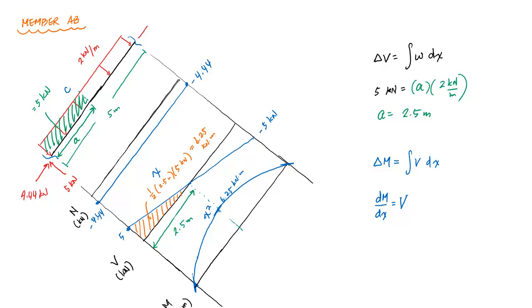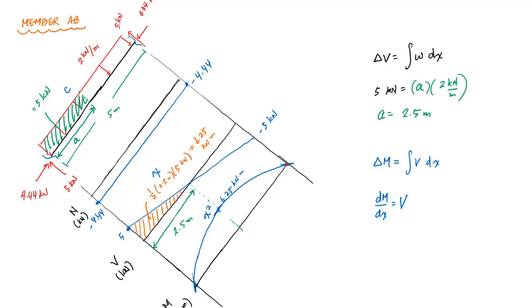That means I have a force causing compression on the face of that cut of 4.44 kilonewtons. Here I have a negative shear of 5 kilonewtons, -5 kilonewtons. And on the left side of a cut, a positive shear goes downwards, but I have a negative value. So in this case, this shear would be acting upwards at 5 kilonewtons like this. And then I have a moment that's 0, so I don't even need to draw that.